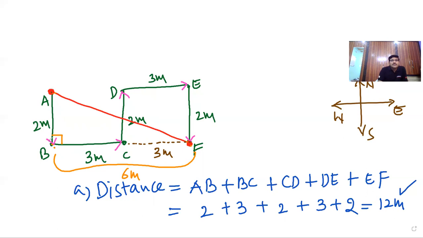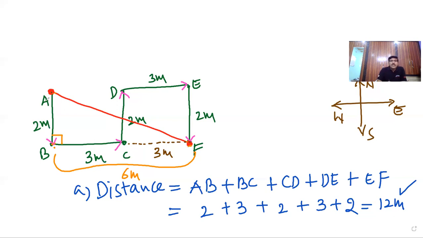AB is how much? 2 meters. We require the hypotenuse AF, that is displacement. So in this triangle, if I apply Pythagoras theorem, AF square is equal to base square, base is BF square, plus height AB square.